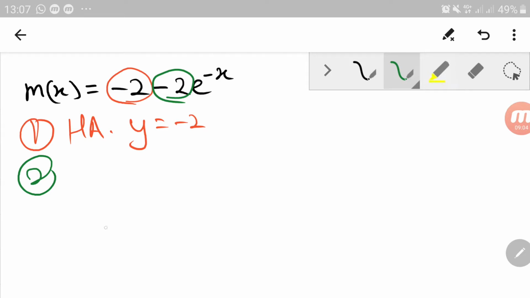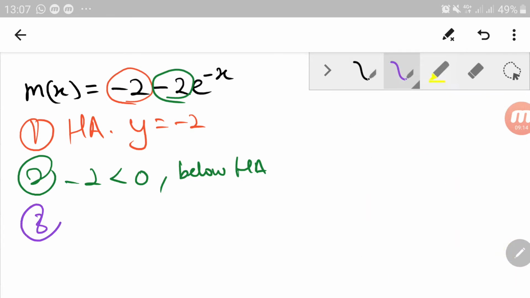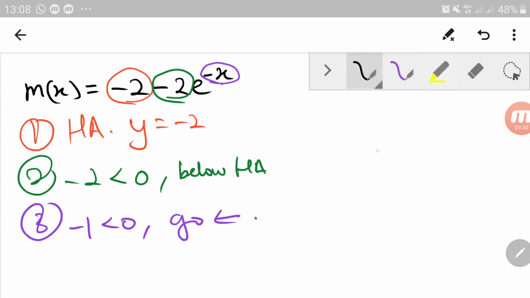It's minus 2, which is less than 0, so it is below the horizontal asymptote. Number 3, we want to know whether it's going right or going left. So look at the coefficient of x in the power of the exponent. It's minus 1, less than 0, so go to the left.